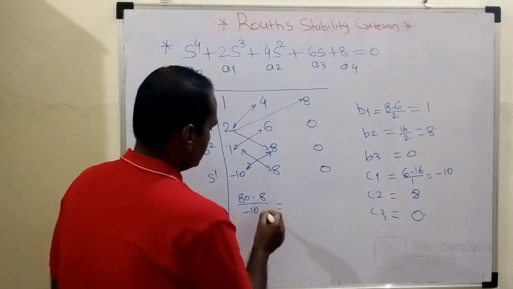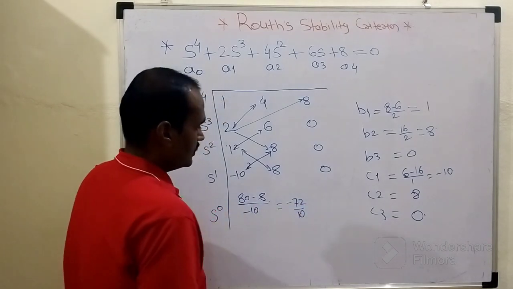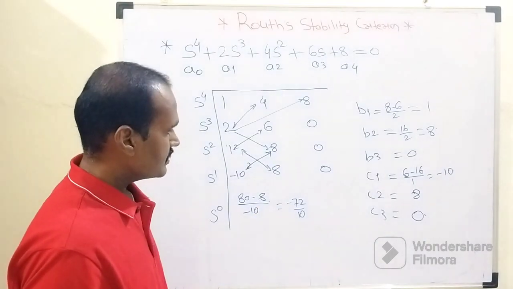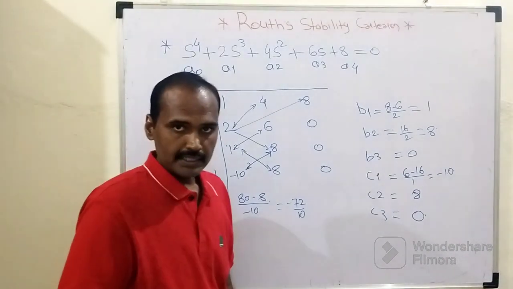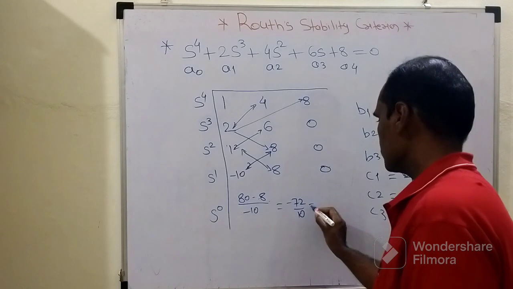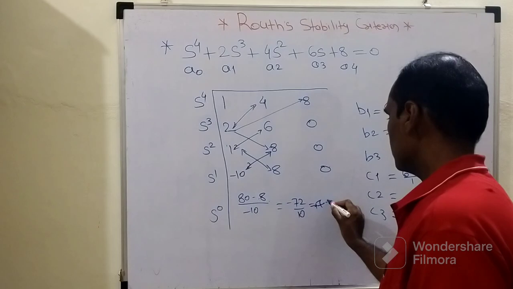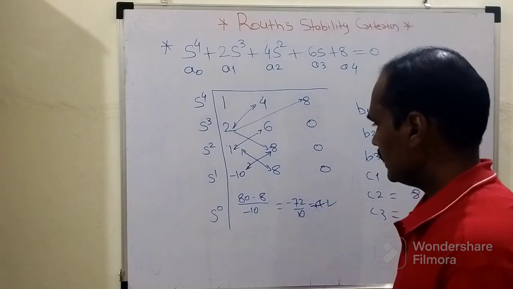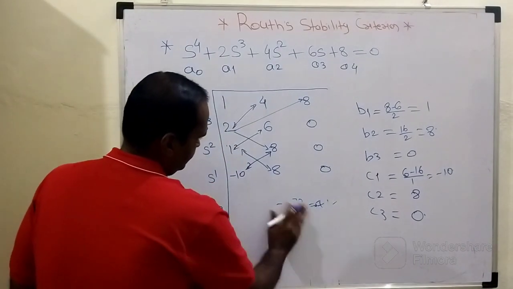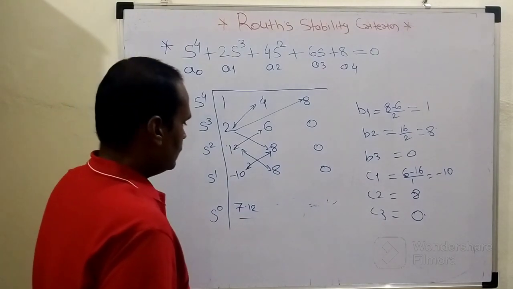So 80 minus 8 divided by minus 10, so minus 72 upon 10, right? So definitely we will have a negative value in this Routh array. Which equals, 10 7s are 70, so 7 point something, minus becomes plus, so it will become plus 7.12, right? So here we need to write this desired element 7.12, whatever it may be.